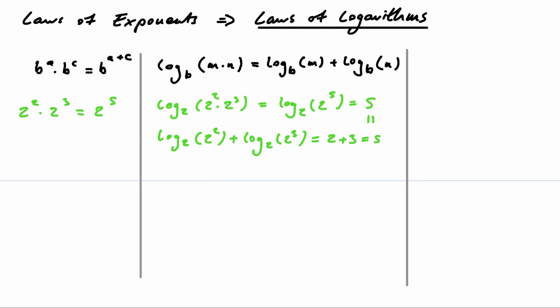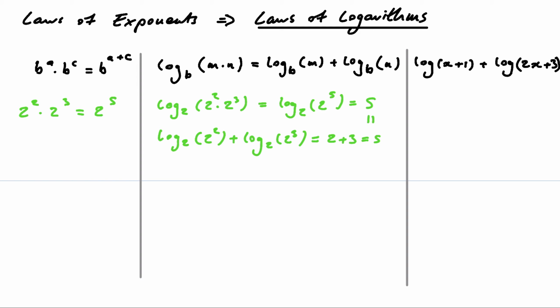So for example, we could have something like log of, let's say, x plus 1, so I'm doing it in base 10 just to make the notation simple, plus log of 2x plus 3, let's say.